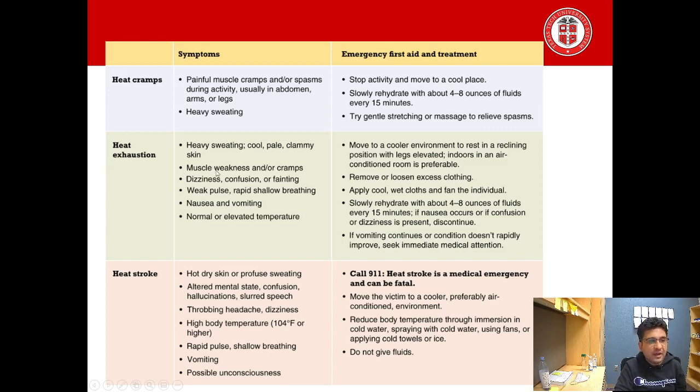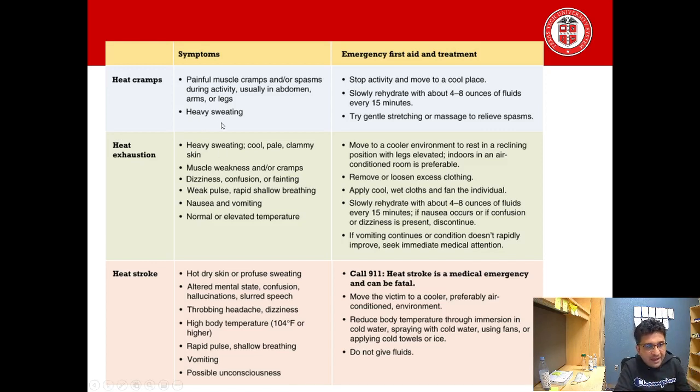That's the next stage. At this point, it has to start showing effects on your central nervous system as well, and there is weak pulse and rapid shallow breathing. So basically the system is trying to cope with this abnormal condition, and the core temperature of our body, which is inside, not on the skin, is getting more and more, and the body's heat dissipating mechanisms are not working.